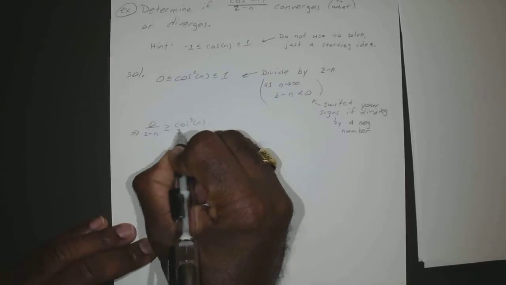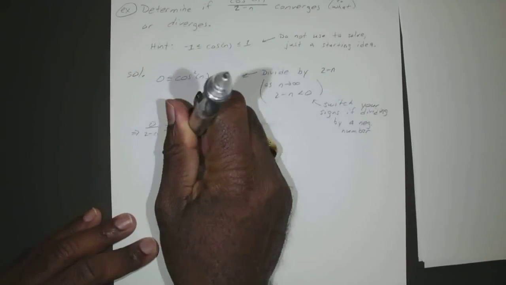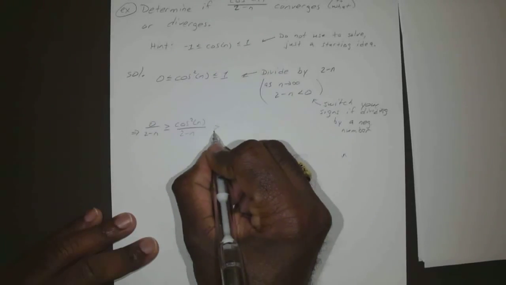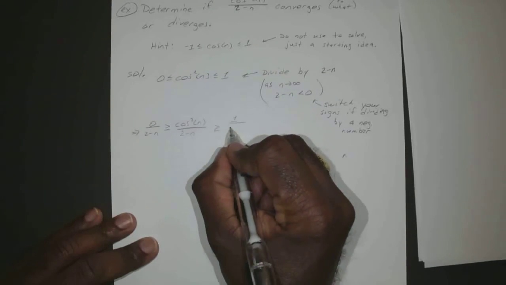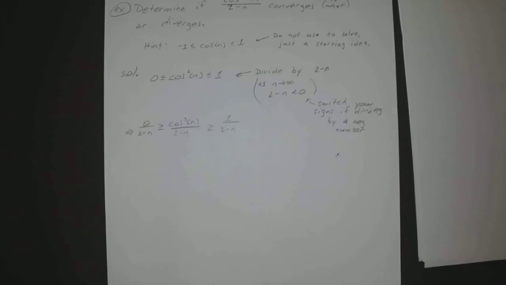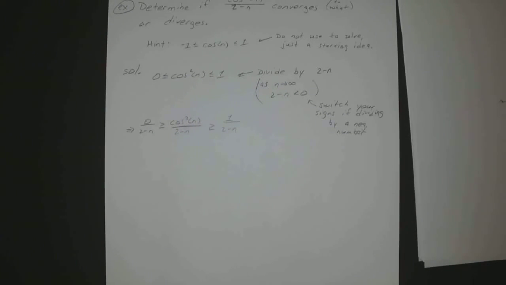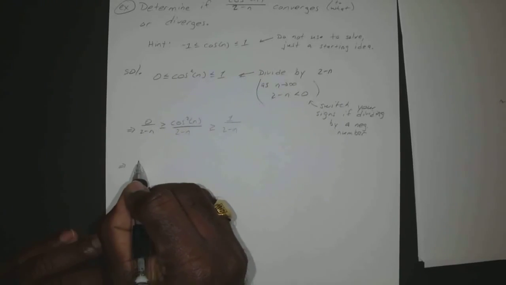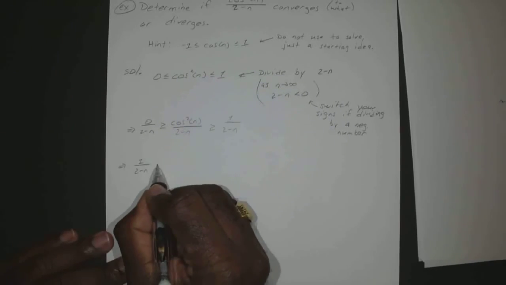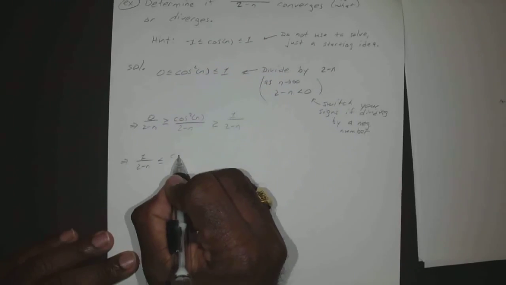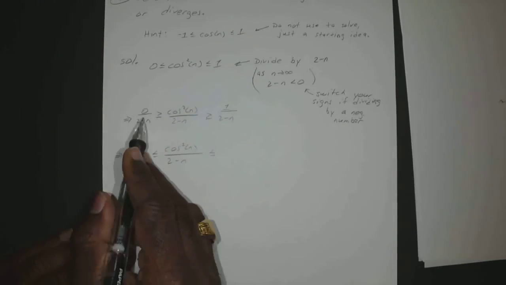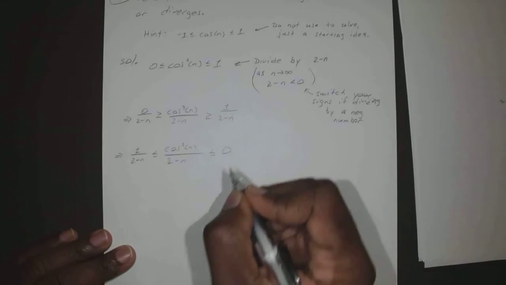Cosine squared of n divided by 2 minus n is greater than or equal to 1 over 2 minus n, which means we can go ahead and flip everything. 1 over 2 minus n is less than or equal to cosine squared of n divided by 2 minus n, which is less than or equal to 0 over 2 minus n, which is just 0.